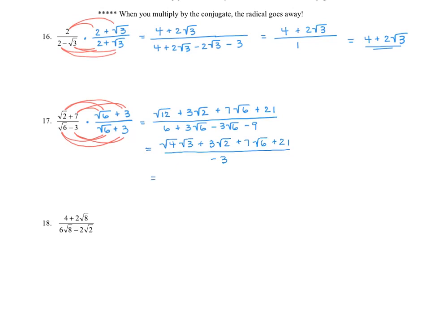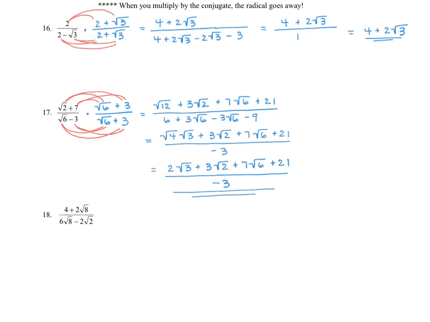In the numerator, rad 4 rad 3 becomes 2 rad 3. The rest of the numerator stays plus 3 rad 2 plus 7 rad 6 plus 21, because no like terms, no like radicals, all over negative 3. And that's as simplified as number 17 can get.